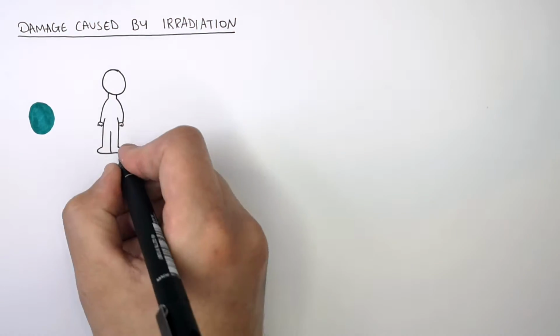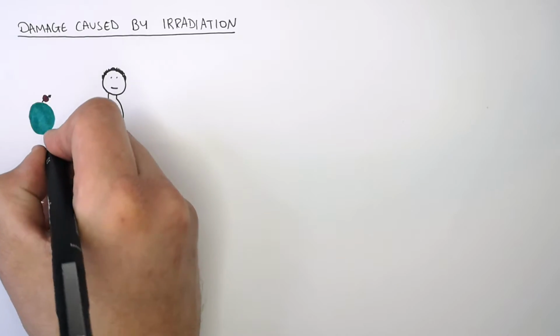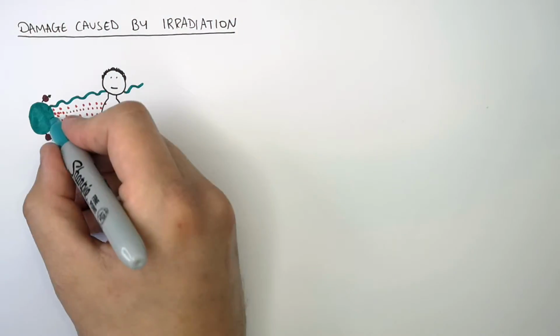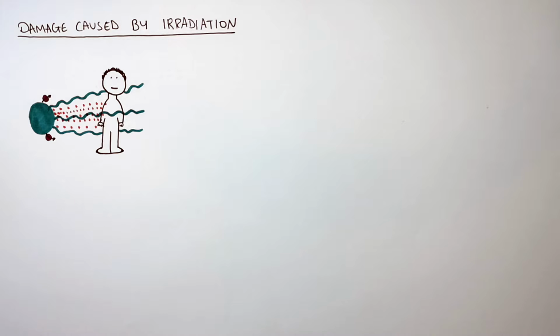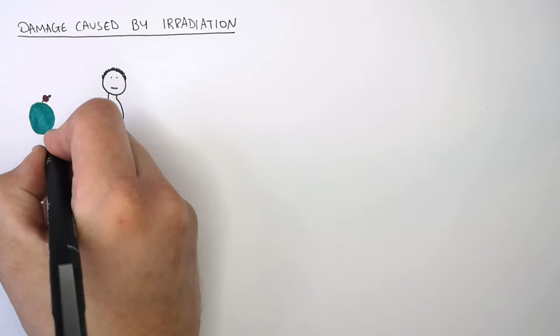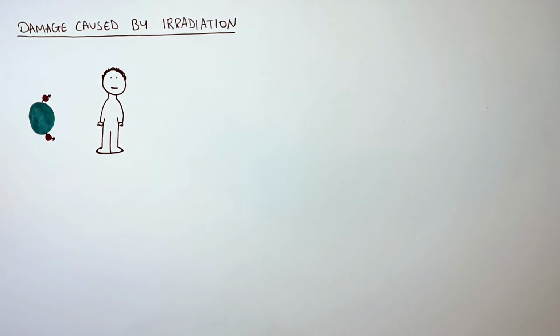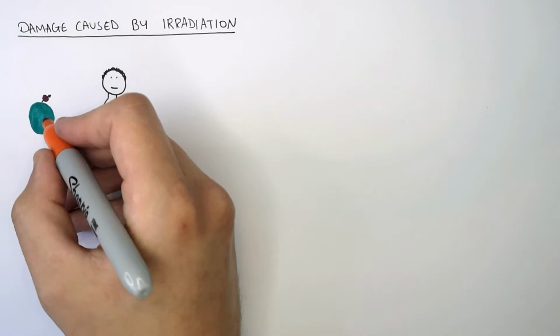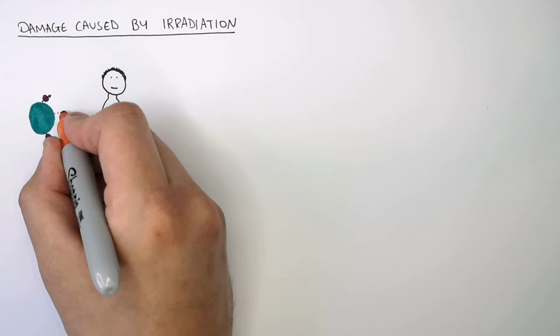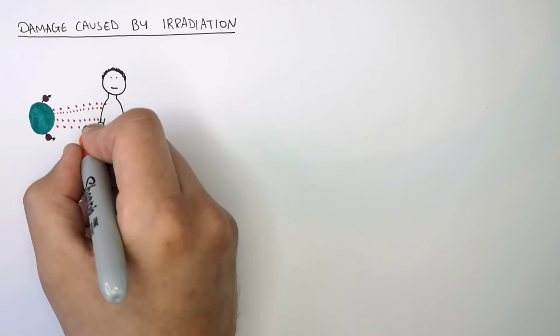This person has been irradiated by a radioactive source. That means they have been exposed to a radioactive source. The radioactive source has not touched them, so they are not contaminated. The alpha particles are not dangerous to this person because alpha particles are stopped by a few centimeters of air. However, if close enough, the beta particles are going to be able to ionize atoms in the cells of this person.